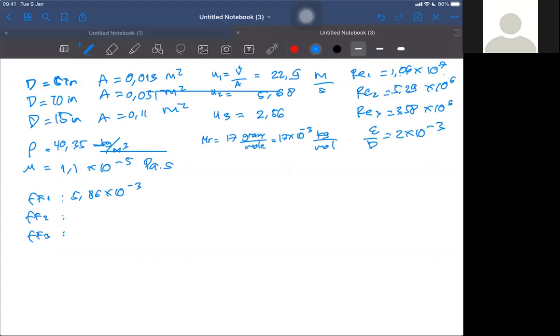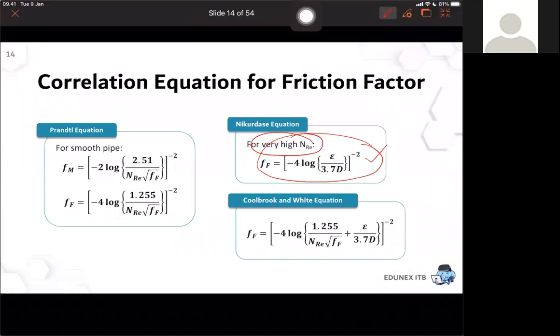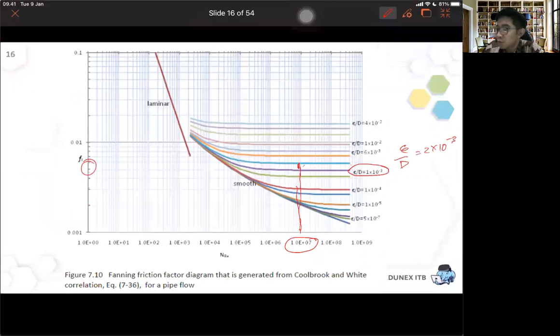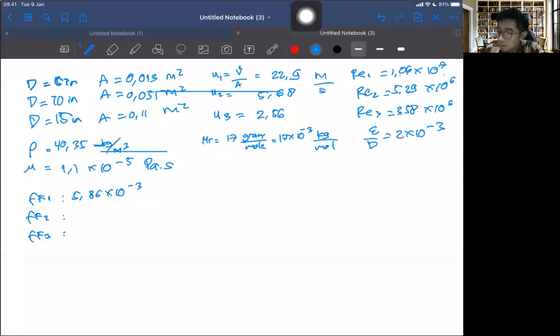Sir, if that's the case, wouldn't all the friction factors be the same, since we don't have to use the Reynolds number anymore? Yeah, I think so. Yes, correct. That's correct, because it's already a function of epsilon over D.